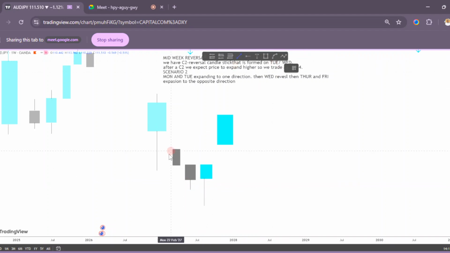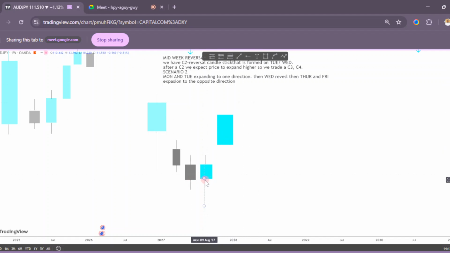You guys understand that each candlestick has a wick, so I don't have to place every wick on each side, but for the purposes of learning, we have something like that. So this is a classic midweek reversal, sorry.